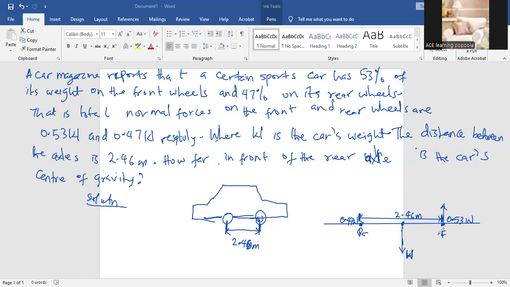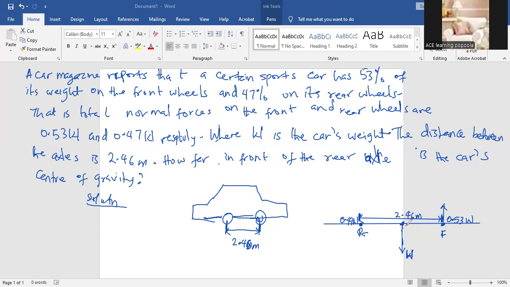Okay, 53% of the weight rests on the front wheel, and 47% of the weight rests on the rear wheel. Normally, if all things were equal, the car's weight should rest at the center. The center of gravity of the car should be in the middle.